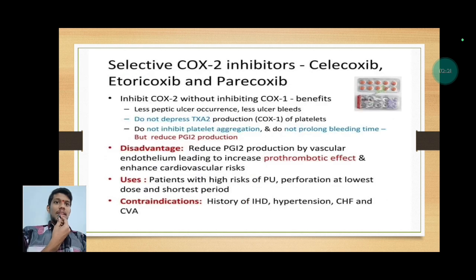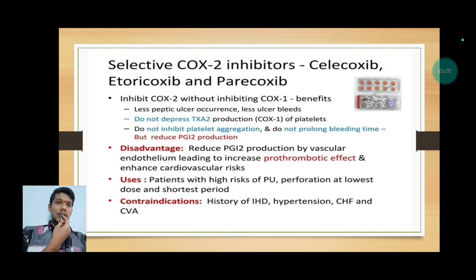The next topic is selective COX-2 inhibitors, that is celecoxib, etoricoxib, and parecoxib. These drugs inhibit COX-2 without inhibiting COX-1. The benefits are less peptic ulcer occurrence and less ulcer bleeding. They do not depress TXA2 production, which is COX-1 of platelets.